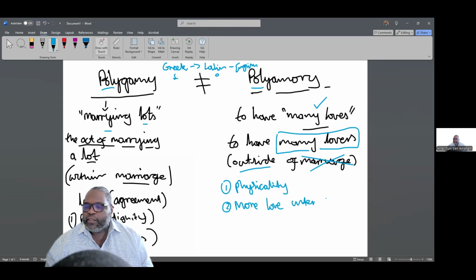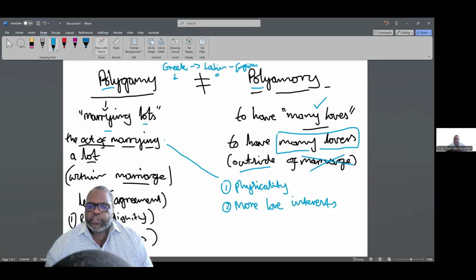Now, I want to clarify something to you. I don't believe that loving many people is a sin or it is wrong. But when you introduce physicality, you cannot be physically involved with many people if the M word does not exist.